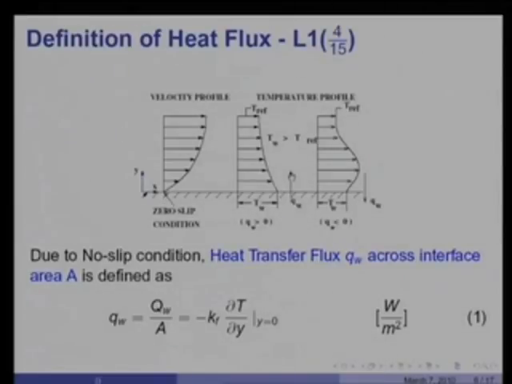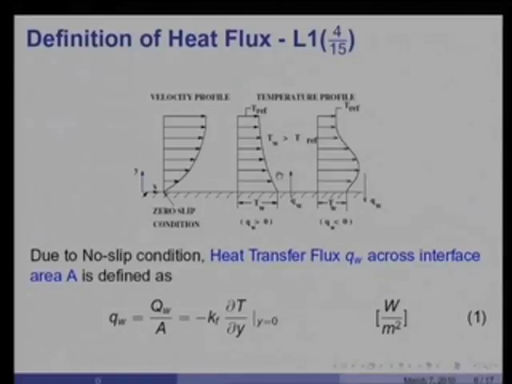If there was a heat transfer, then the most commonly developed temperature profile will be as shown in this, where there would be some reference temperature far away from the wall and the wall temperature would be greater than fluid temperature. So the heat transfer would take place that way.